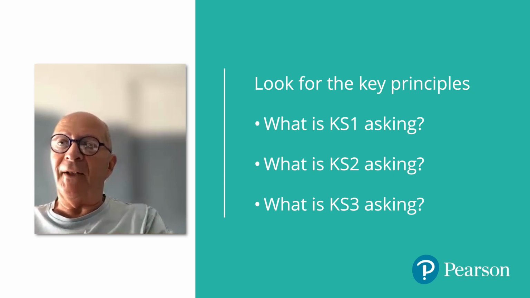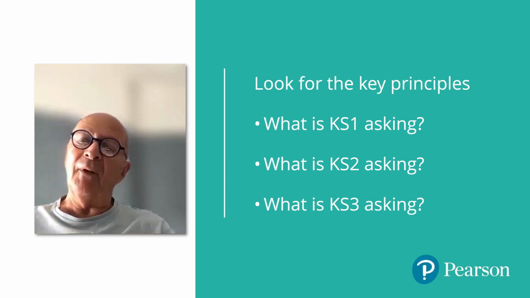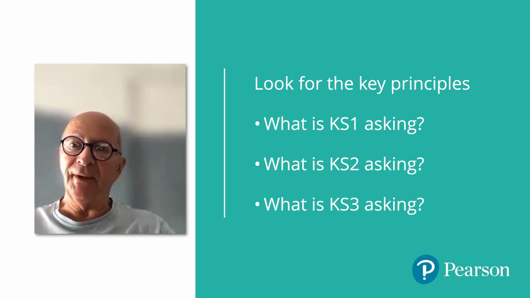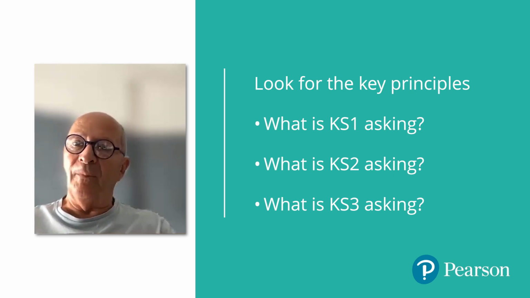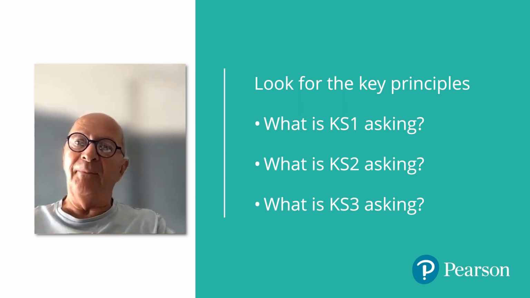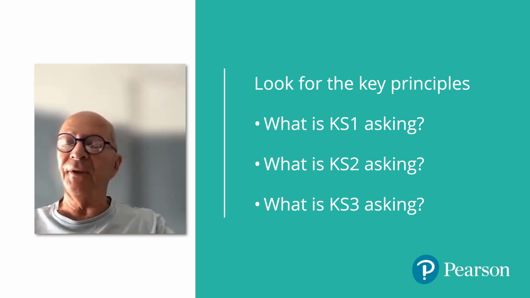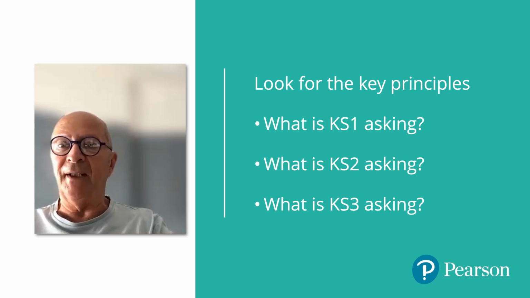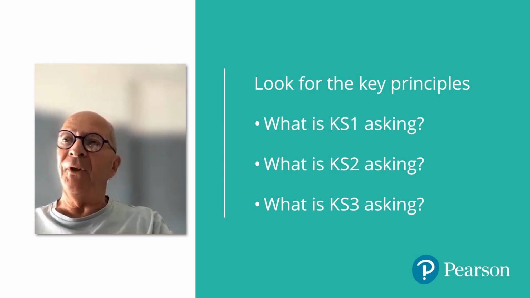What is it extra that we need to add into those basic principles? What is Key Stage 1 asking you to do? What is the program of study asking you to do? And building on that right throughout, so that students, or pupils, when they come to you at Key Stage 3, are familiar with a lot of that terminology, even though it's slightly different.